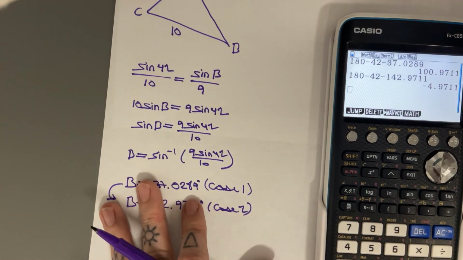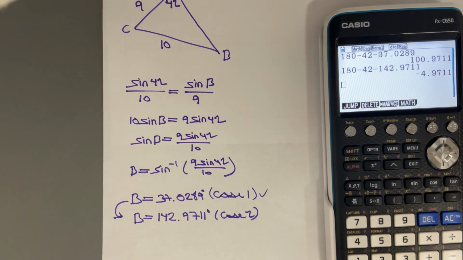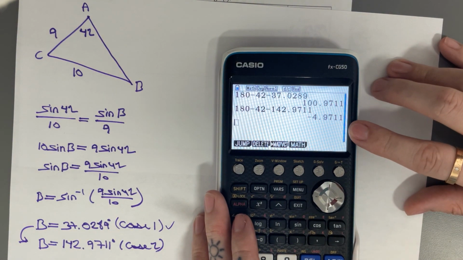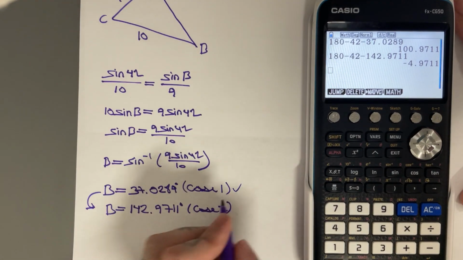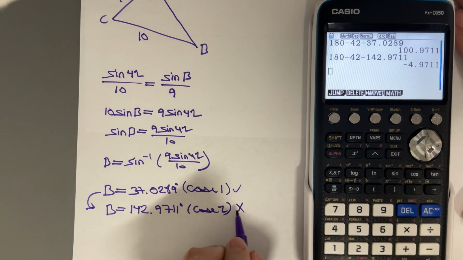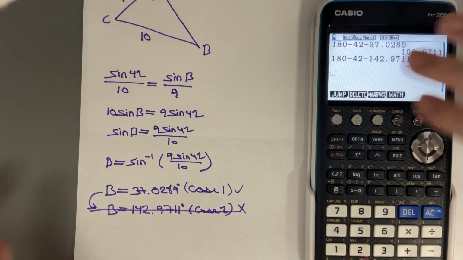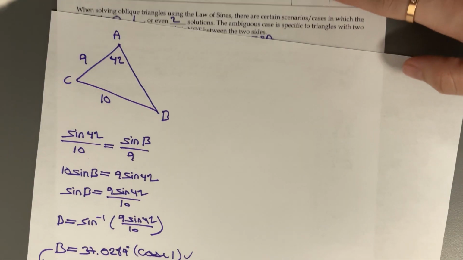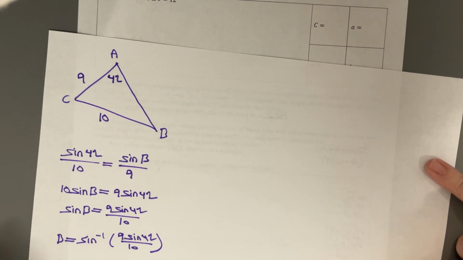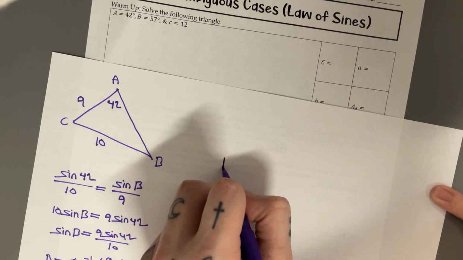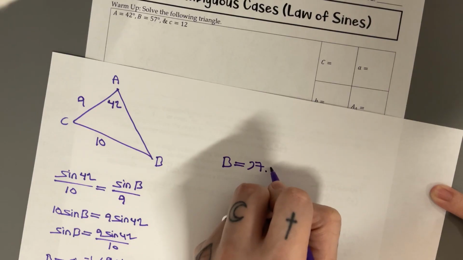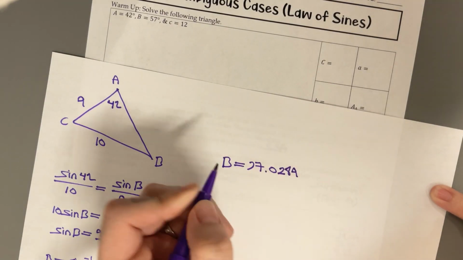So what's going to happen is over here in case 1, that's a check. We can have case 1, but in case 2, because we get that negative angle, it exceeds 180 degrees in the triangle, which means case 2 doesn't exist. So we're not even going to bother with case 2. Okay, so we only have to do the law of sines to find just one case. So over here, now that I have my B value, I'm going to rewrite 37.0289.